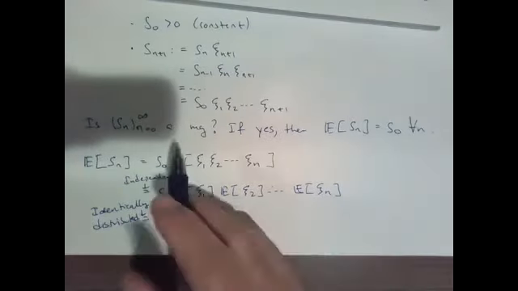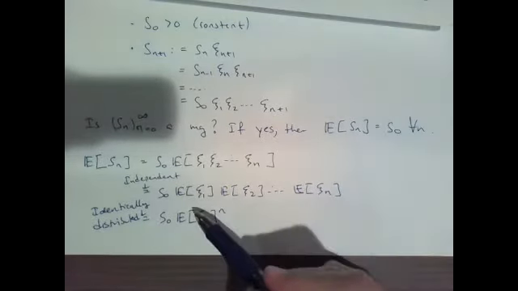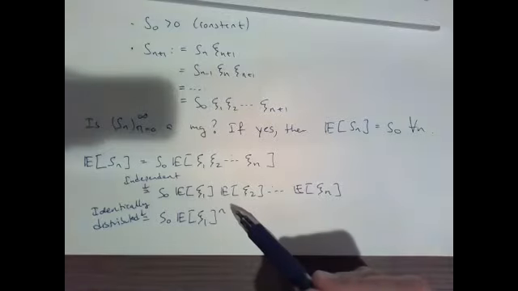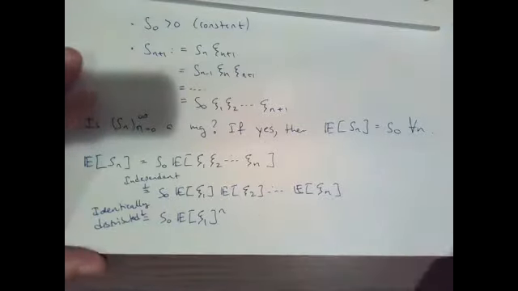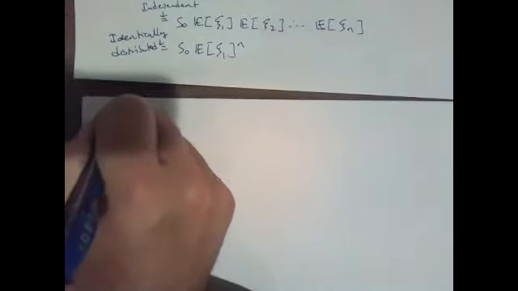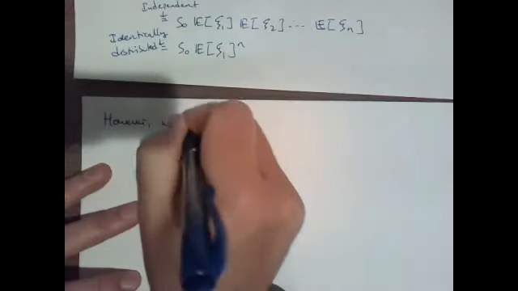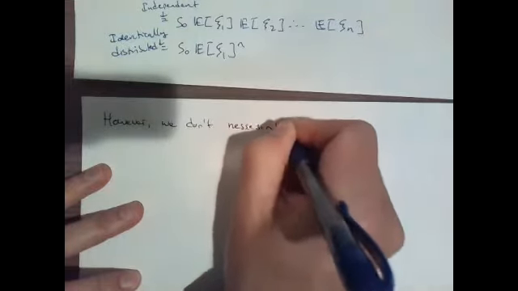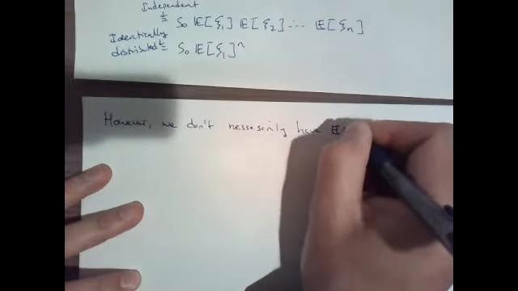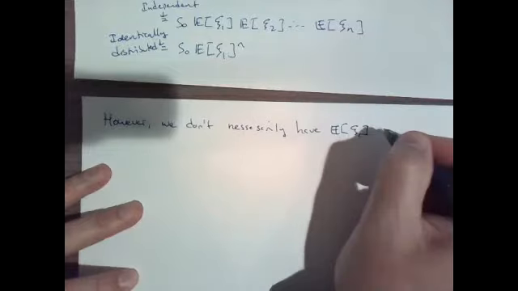So if this is a martingale, that means that this expectation here should be 1. But we don't have that this is equal to 1. We don't necessarily have that the expectation of these psi 1s is equal to 1.